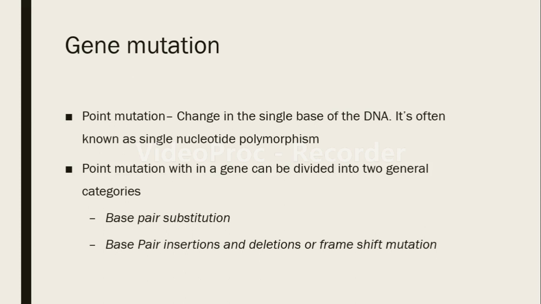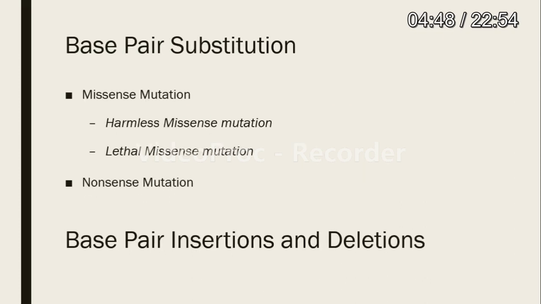Point mutations are basically divided into base pair substitutions, base pair insertions and deletions, or frameshift mutation. Base pair substitutions are basically missense and nonsense. What do you mean by missense? Missense mutations are lethal or harmless. Harmless missense mutation and lethal missense mutation. Nonsense mutation.